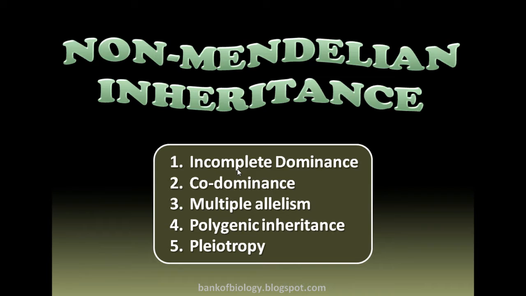There are 5 phenomena which show the deviation from the Mendelian ratio: incomplete dominance, co-dominance, multiple allelism, polygenic inheritance, and pleiotropy. Let's discuss one by one.